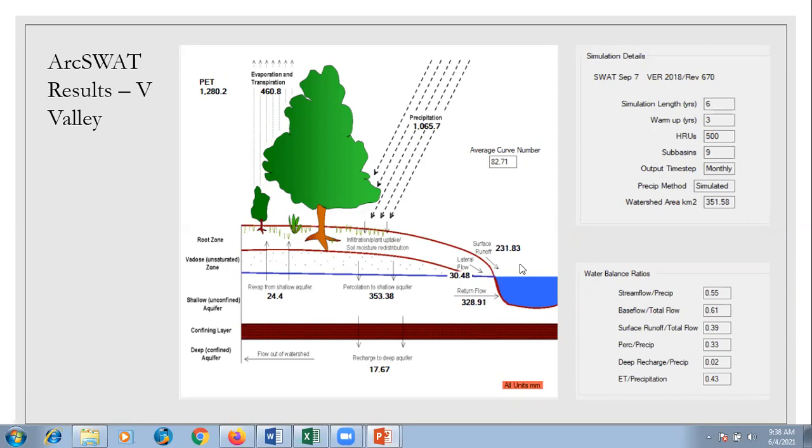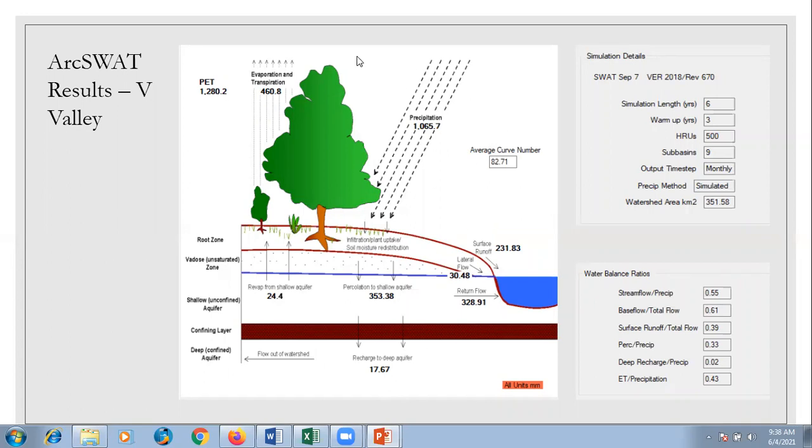And surface runoff, the one which flows on ground at the time of rainfall, 231.83. Then return flow, which belatedly joins streams through subsurface flow, slightly at a lower level from the surface. Then recharge to deep aquifer, 17.67, that is groundwater.